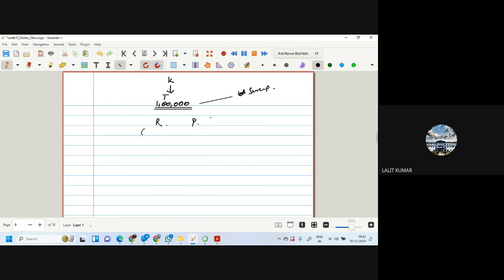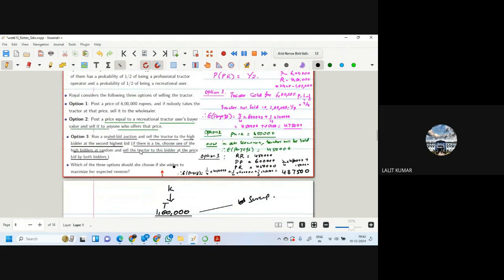Recreational can purchase it for 4,50,000, and professional can purchase for 6 lakhs. Now two people have arrived, and the probability of being recreational and professional is 1 by 2, 1 by 2.